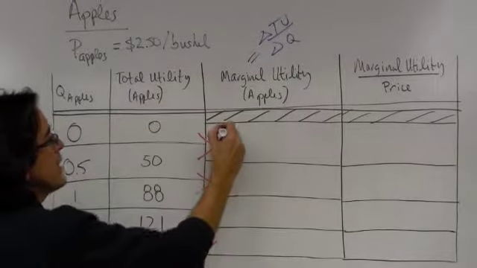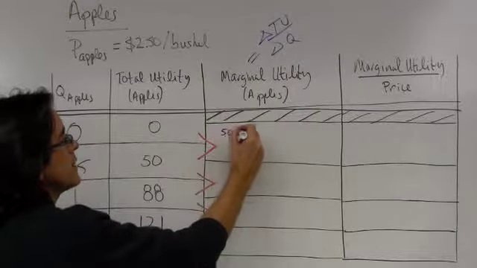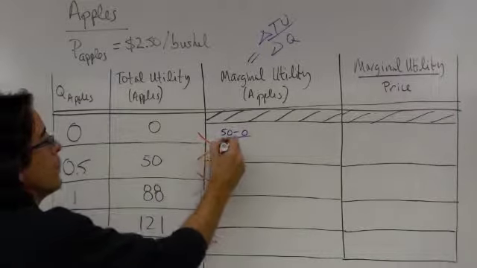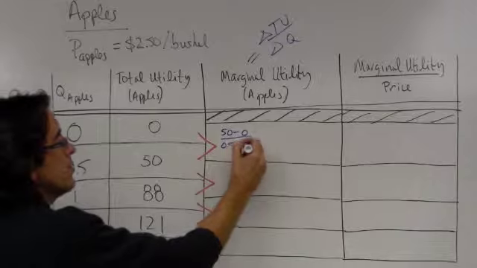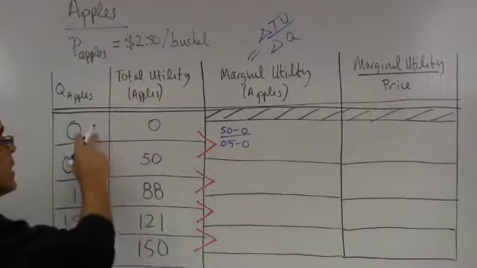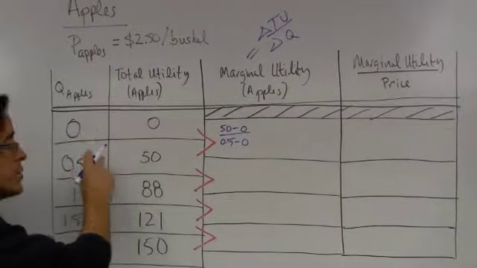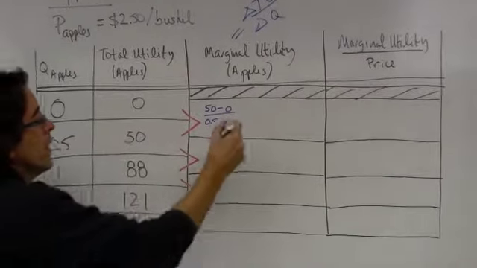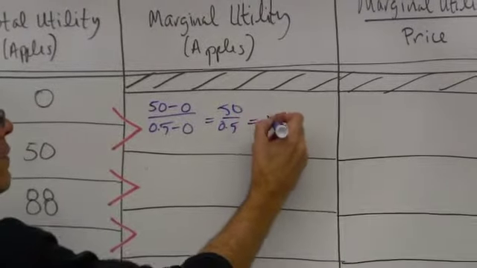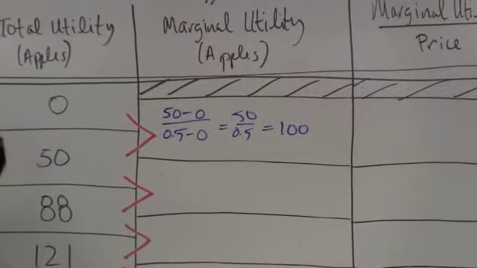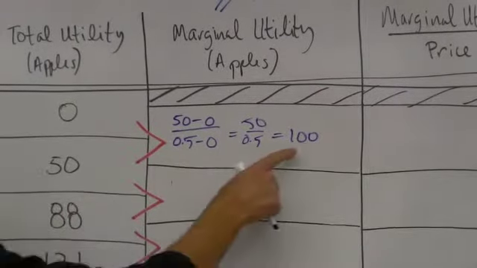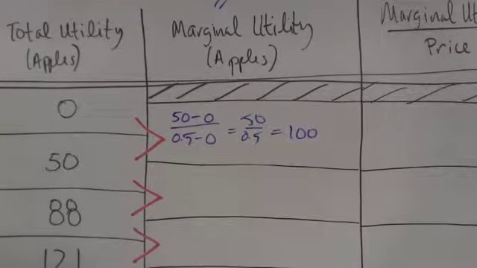The change in utility is 50 units of utility minus 0, divided by 0.5 bushels minus 0 bushels. That's the change in our utility when we go from consuming no apples to half a bushel. 50 divided by 0.5 is 100. So our marginal utility in going from 0 bushels to 0.5 bushels is 100 units of utility.